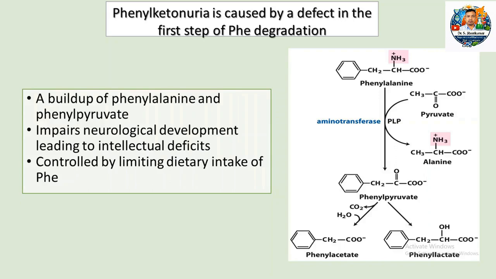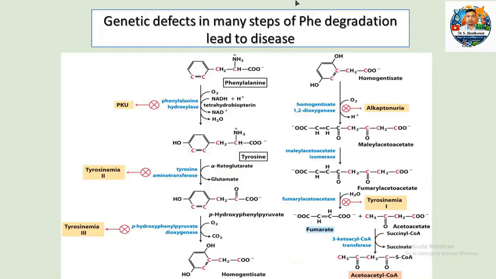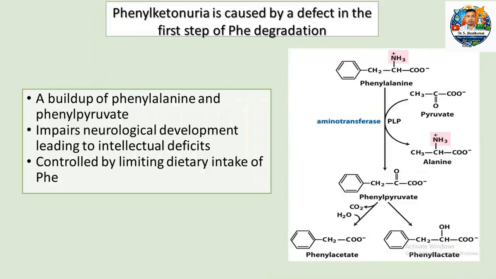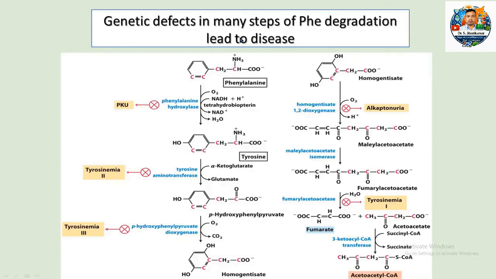So we are going to see the problem with respect to one of these metabolic disorders, that is phenylketonuria. As we have seen, phenylketonuria occurs when there is no functional phenylalanine hydroxylase. So if that particular reaction does not occur, if there is no phenylalanine hydroxylase, then phenylalanine cannot be converted to tyrosine.